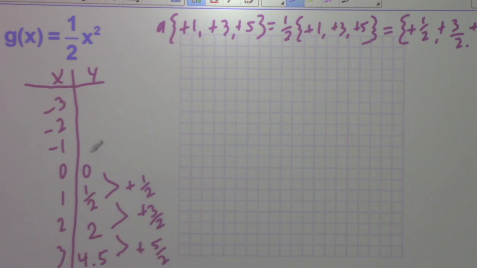But once you have that, you just take this right here and you just put this on the other side like this. So 1/2, 2, 4.5. And then you got something that's pretty easy to graph, don't you?